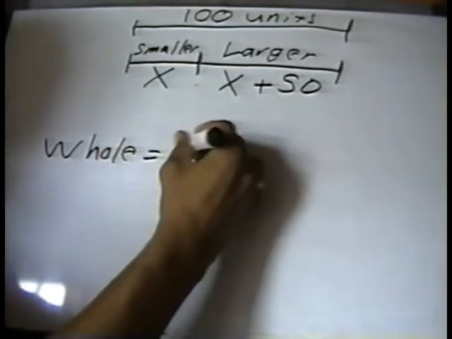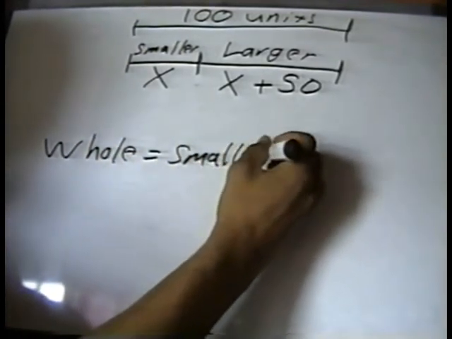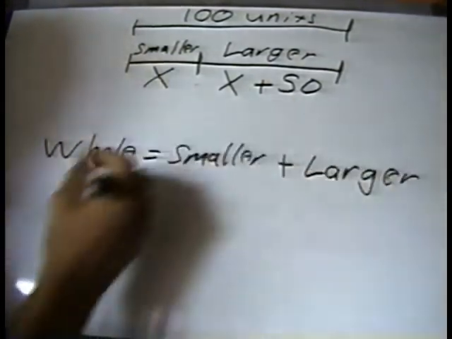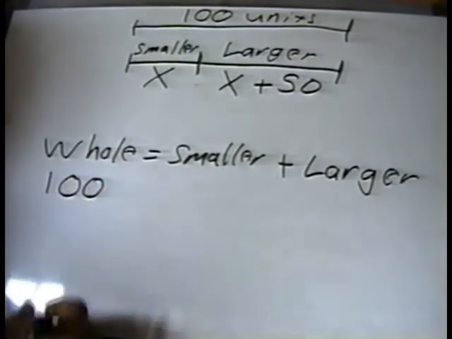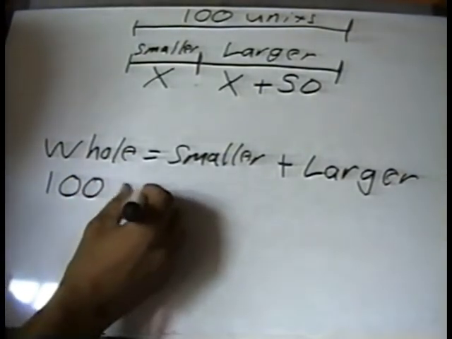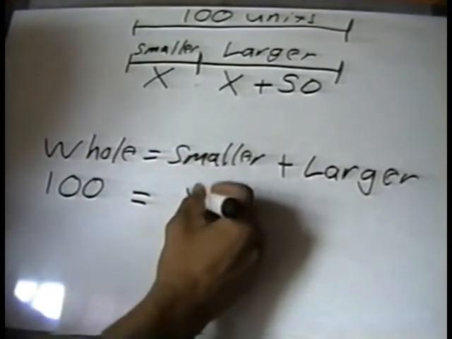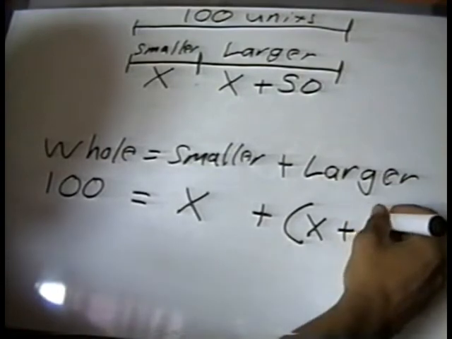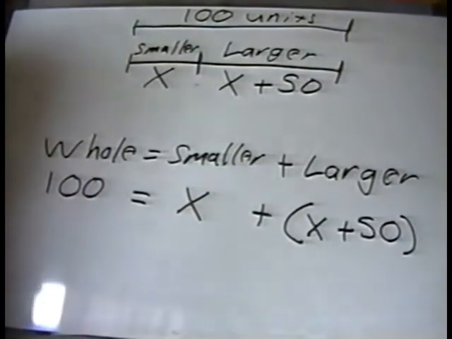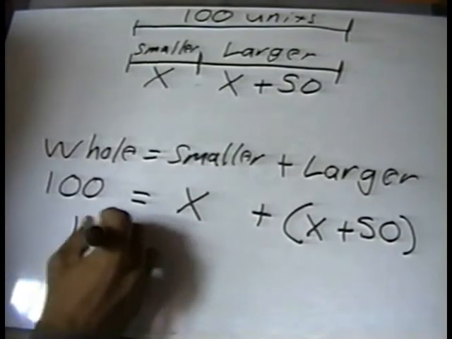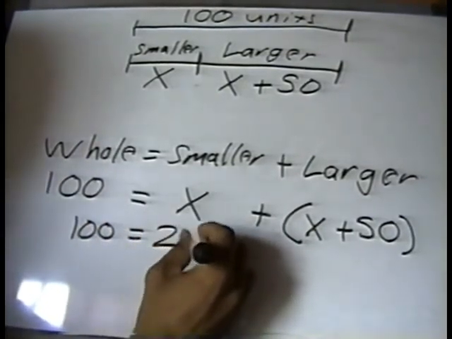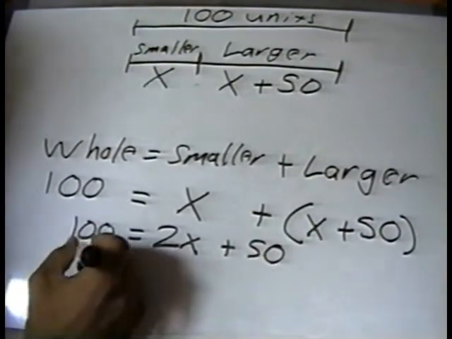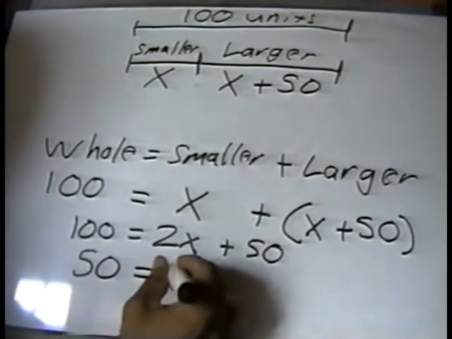So we have our simple equation. This is the smaller part, and that's the larger part. So the whole is equal to the smaller part plus the larger part. So the whole is 100. 100 equals the smaller part, which is X, plus 50.